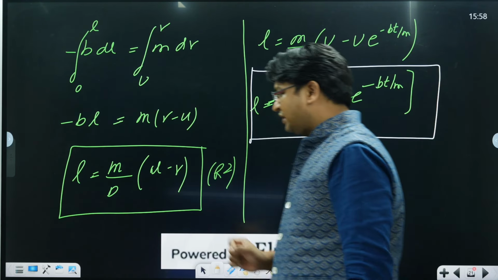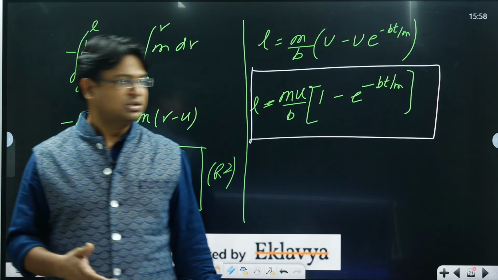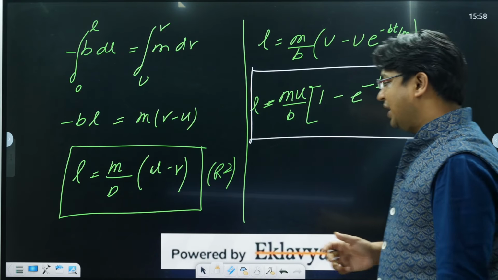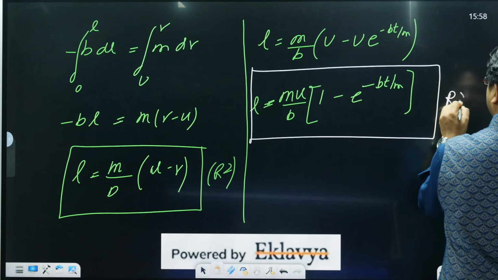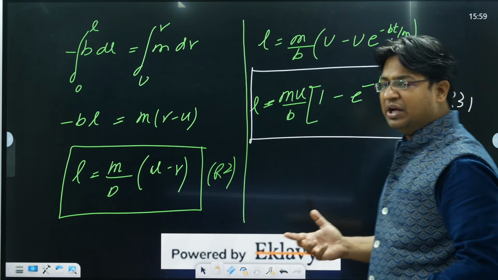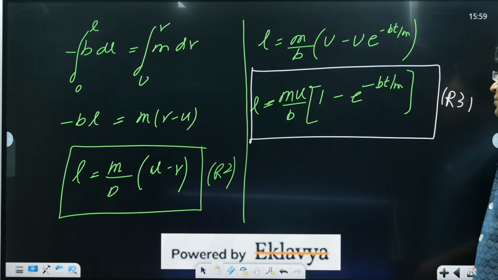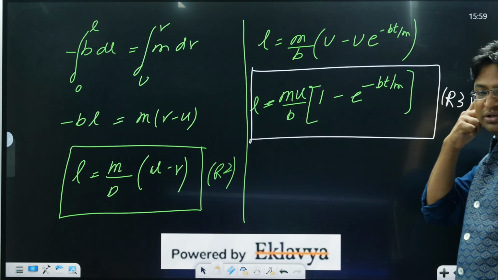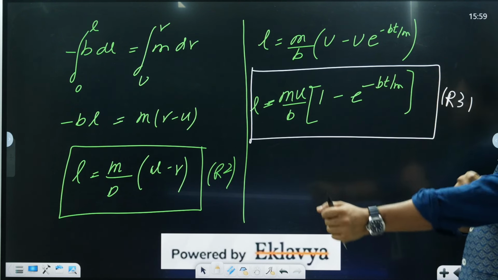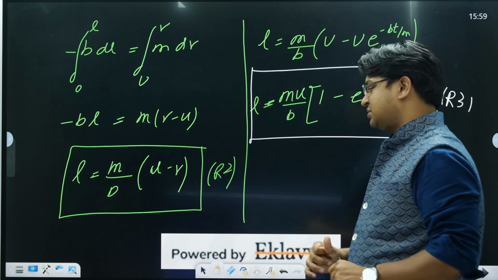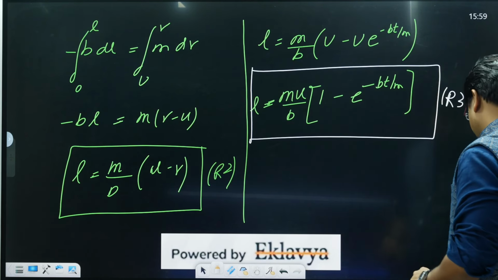Having said that, if you remember result 1 and result 2, then result 3 is not needed. You can instantly write result 3 using result 1 and 2. What we did, essentially, was replace V from equation 1. So if you remember 1 and 2, then 3 is redundant. You can readily use it. So three equations we have already written.